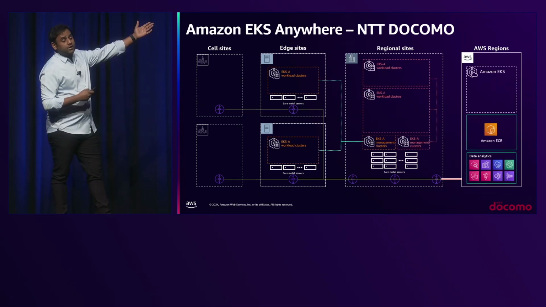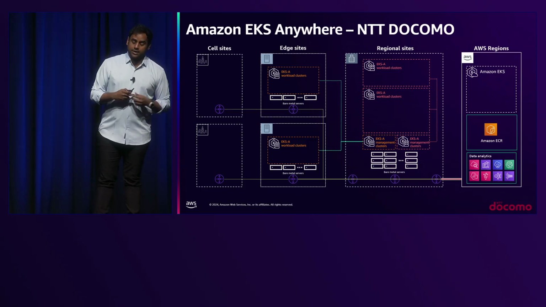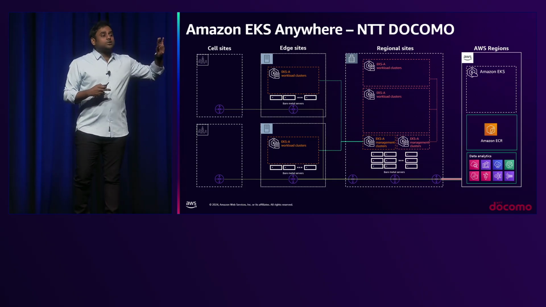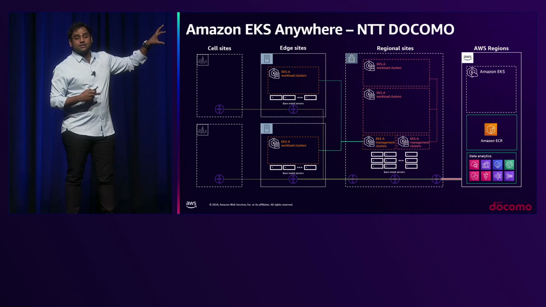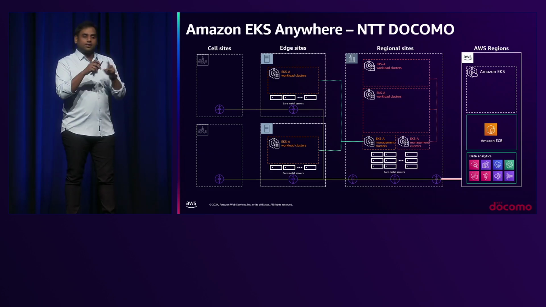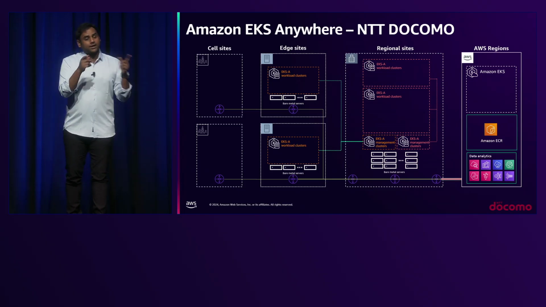With the cluster management of EKS Anywhere clusters that we have seen earlier, NTT Docomo is able to create and manage multiple workload clusters with a management cluster sitting in the regional site. There are different topologies that they have used, because regional sites have enough capacity to host multi-node clusters.